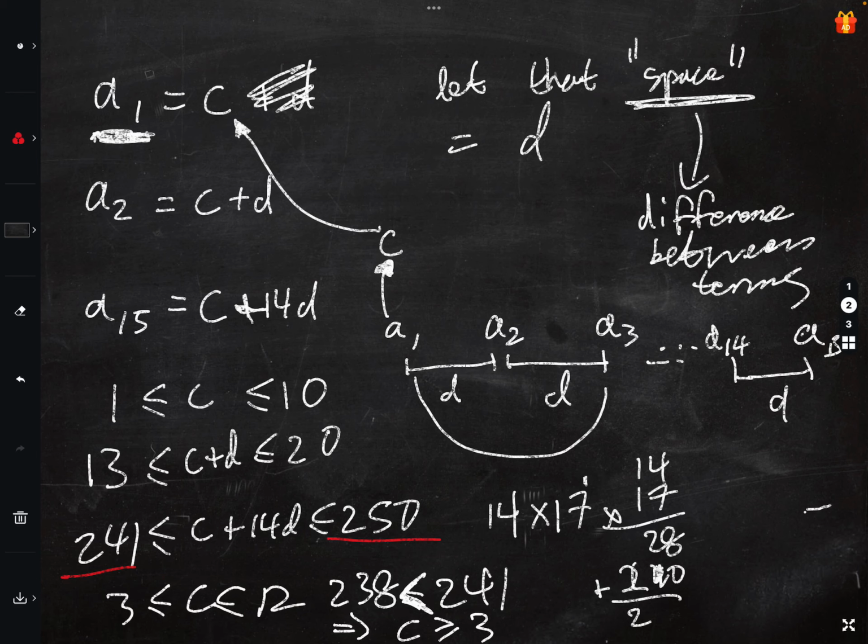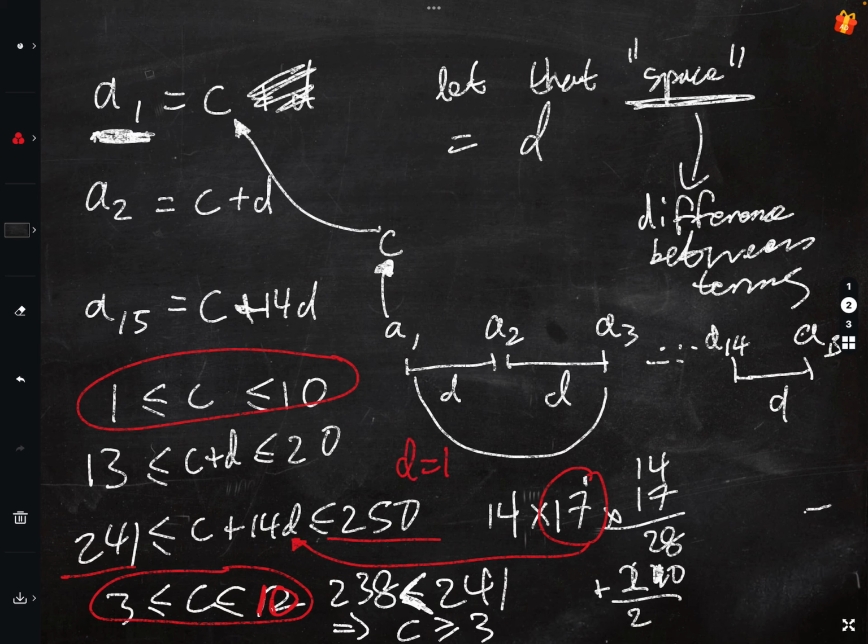And now, once we have this set of constraints, it'll make life easier, because now C is lesser than or equal to 10 by this, so we can actually rewrite this as a 10 instead. And also, C plus D is less than or equal to 20 and greater than or equal to 13. However, we know from before that D is 17 because we use 17 for our D substitution here.